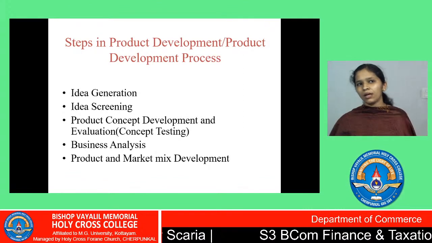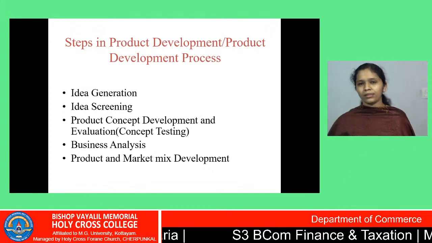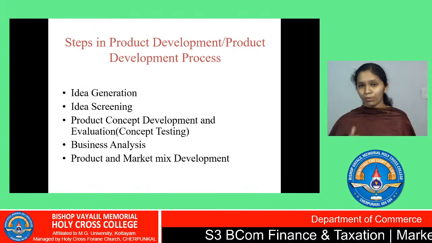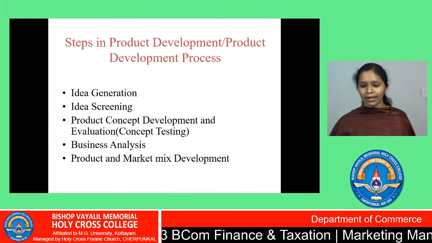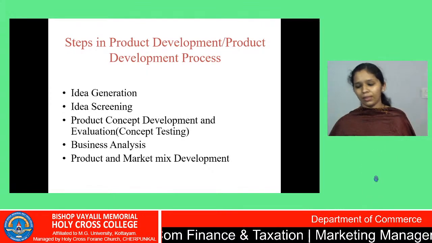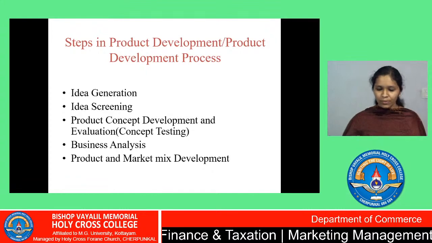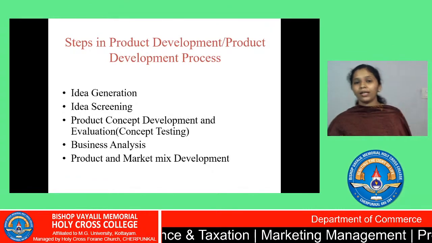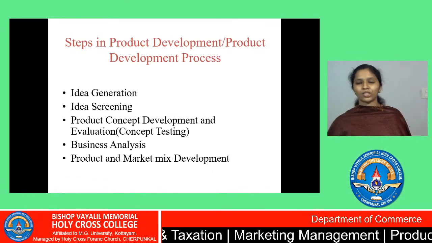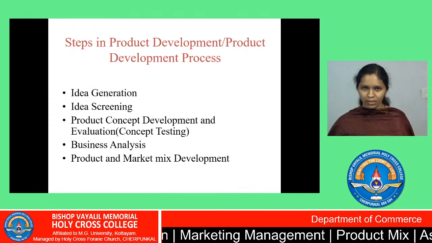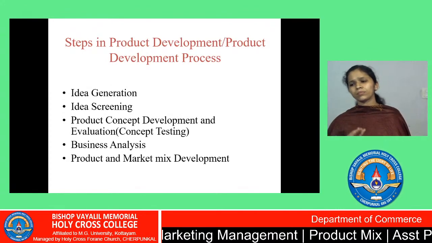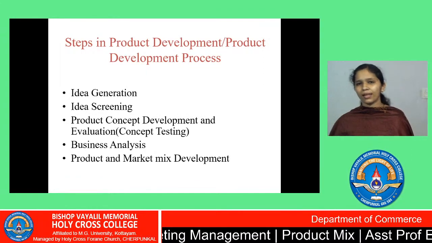Operational cost means production cost, distribution cost, promotional cost, something like that. And also they make a financial projection. Financial projection means sales and profits must be estimated. So these are the main 3 elements of business analysis.